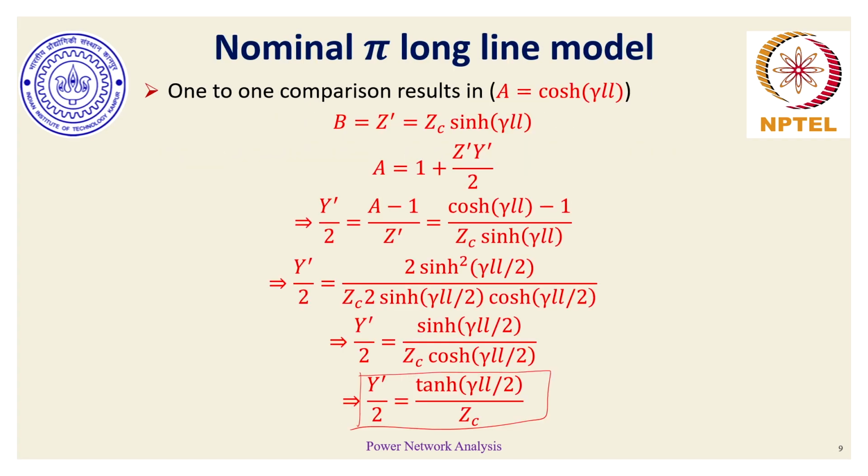Similarly, Z dash could also be evaluated using the B parameter, which is ZC times sinh of gamma L. The actual distributed representation gets represented as a nominal pi model, an equivalent fictitious nominal long line model with Z dash and Y dash as the fictitious series impedance and admittance respectively.